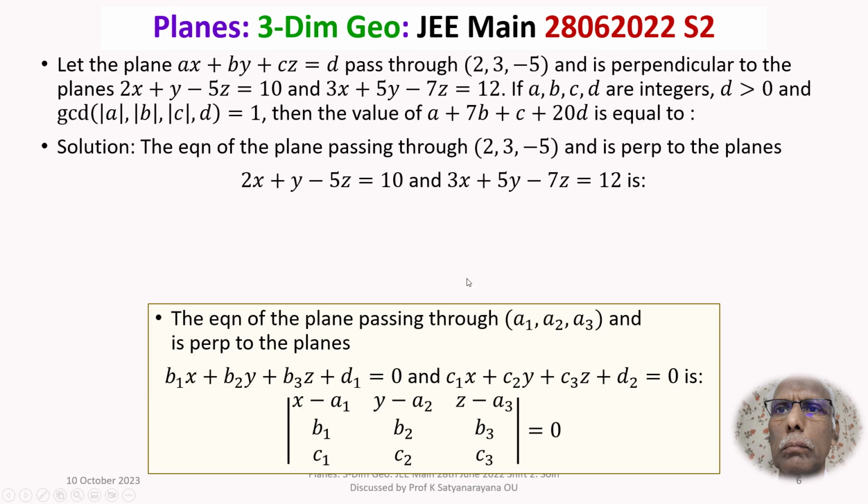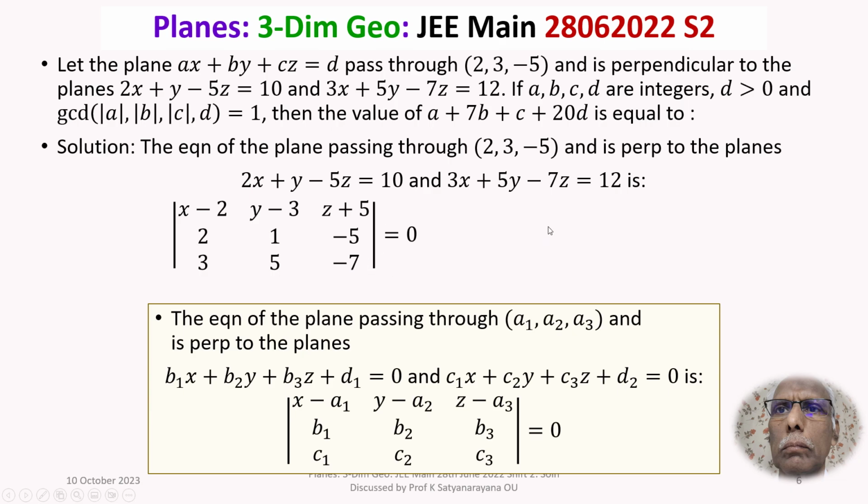Now this is given by determinant x minus 2, y minus 3, z minus minus 5, that is z plus 5, then b1, b2, b3 that is 2, 1, minus 5, and c1, c2, c3 that is 3, 5, minus 7 that is the third row. The determinant is equal to 0.